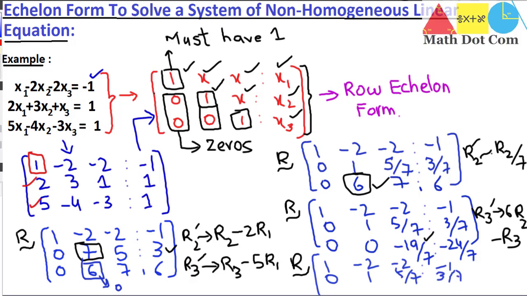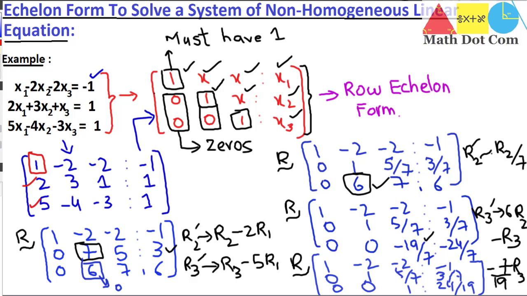Then the last row will be 0, 0, 1 and 24 by 19. What we have done here is multiply row 3 by minus 7 by 19. So we will get this form. Here we have to stop, because we have got 1 in the diagonal and zeros below the diagonal, and we have got the row echelon form.